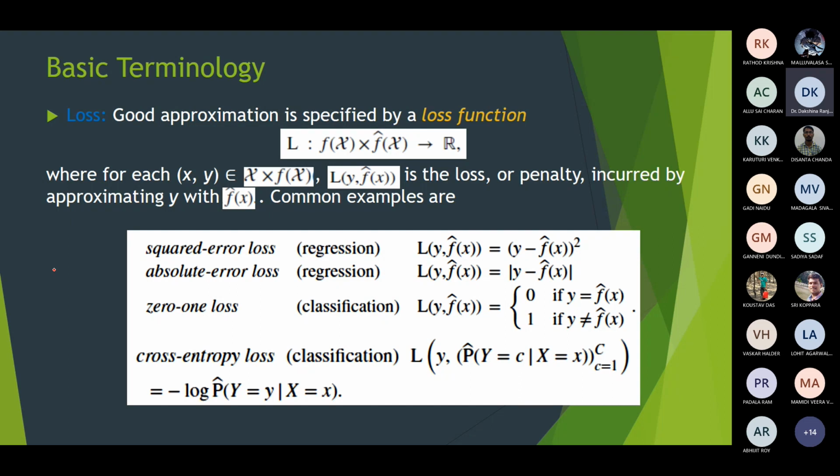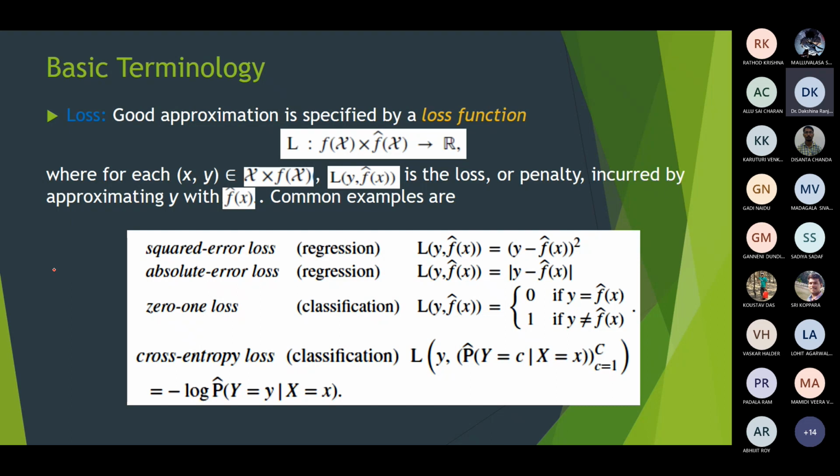That means if a function is provided, denoted by f, then we have to determine an approximation of that function f. How good or how bad the approximation is can be specified by the loss function.